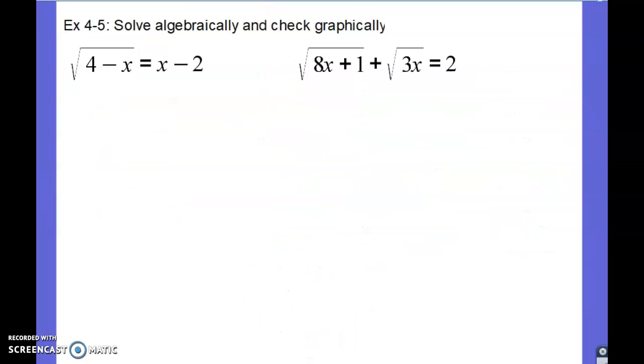Hopefully I'm not going too fast, but if I am, you can always pause the video and go back. Here's exercise 4 and 5 out of the textbook. So notice the radical is by itself. As I square both sides, notice that I'm putting this in parentheses because on the left side the radical goes away. And on the right side, you really have to FOIL this, because x minus 2 squared really means x minus 2 times x minus 2.